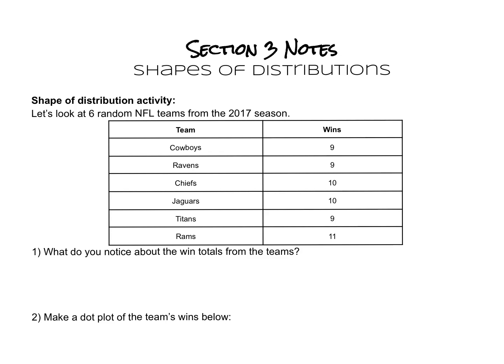In section 3, we're going to talk about shapes of distributions. So that means when you're looking at a graph of a set of data that is one variable, you want to look and see, okay, how is that data shaped? So we have 6 teams here from the NFL and their number of wins from the 2017 season.